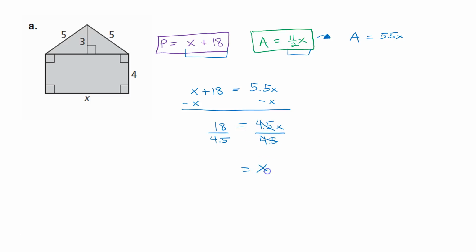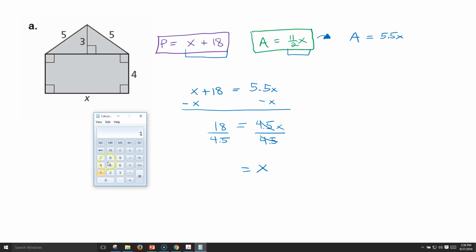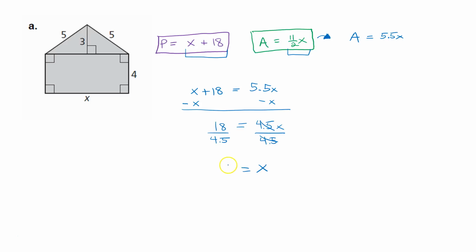And we're going to get 18 divided by 4.5 is 4. So x equals 4.